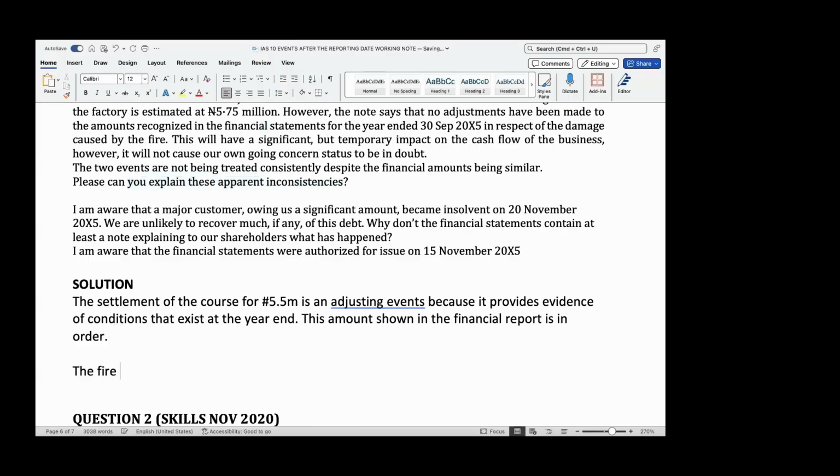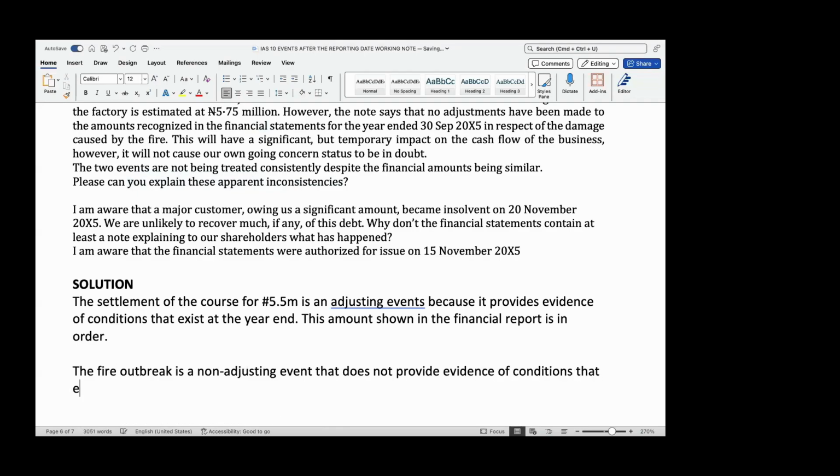So the fire outbreak is a non-adjusting event that does not provide evidence of conditions that exist at the reporting date. This type of transaction cannot be adjusted in the financial reports.